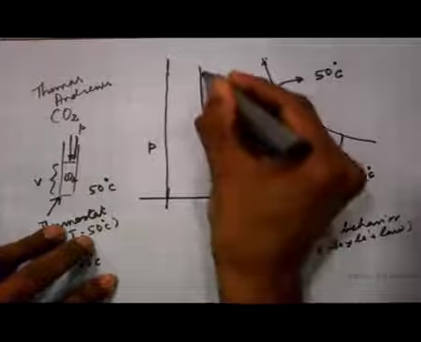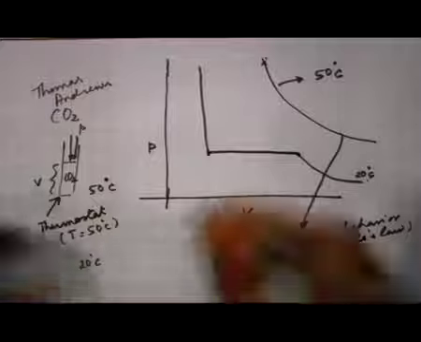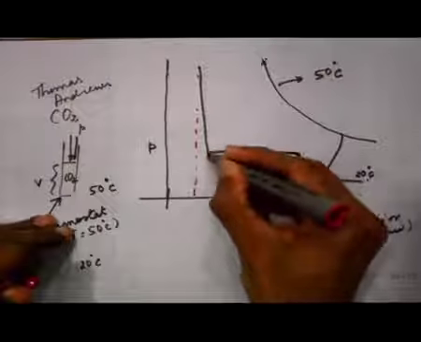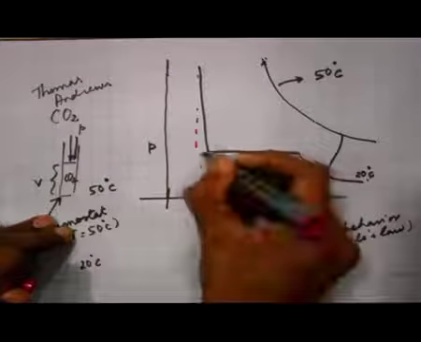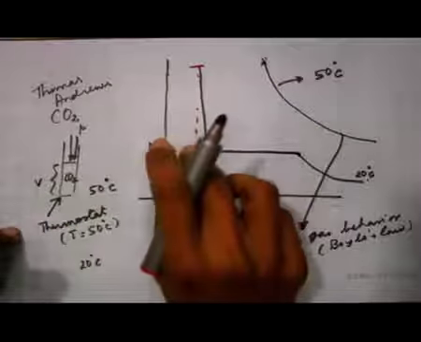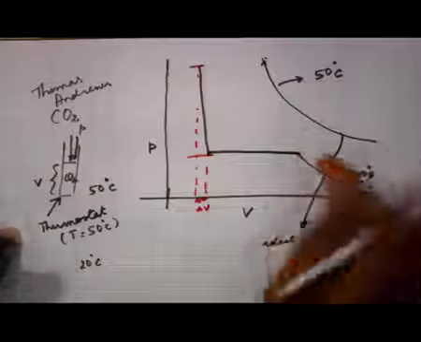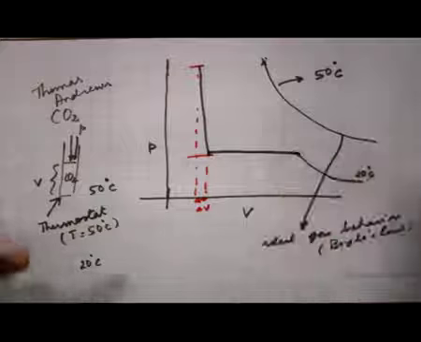For a very small change in the volume, this delta V, the pressure is very, very high. This is incompressible because it has become a liquid, whereas in the gas region, for a small change in pressure the volume change is very high.